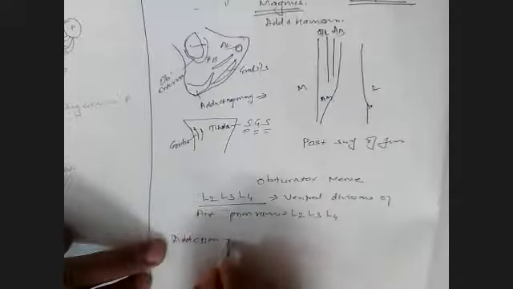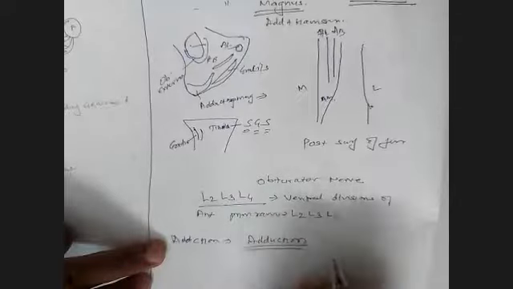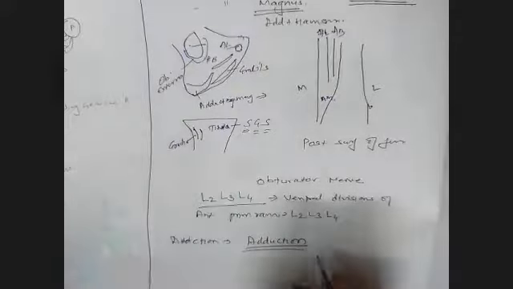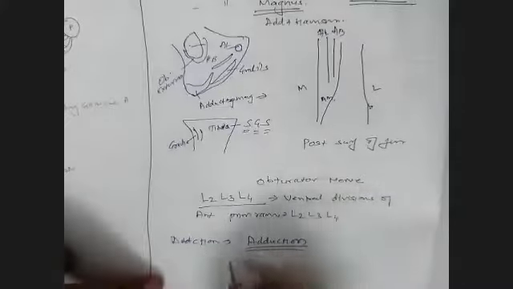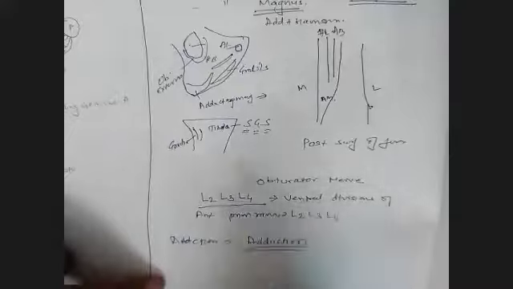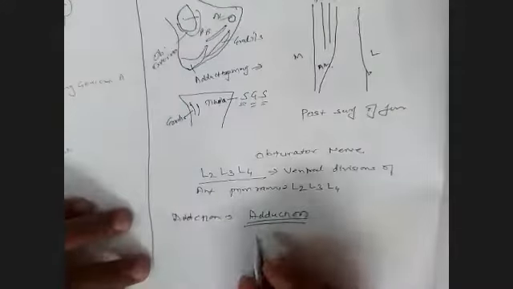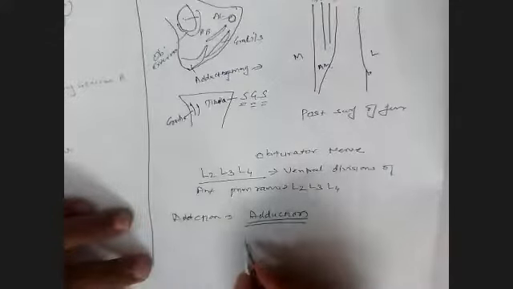Their actions mainly are adduction. The adductor magnus may slightly help in the extension of the hip joint.